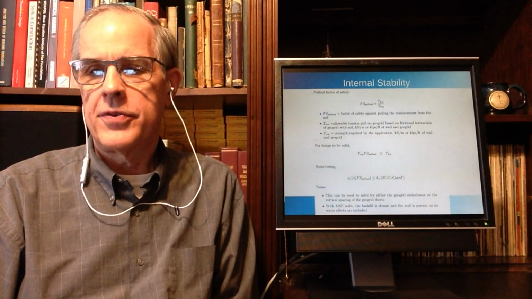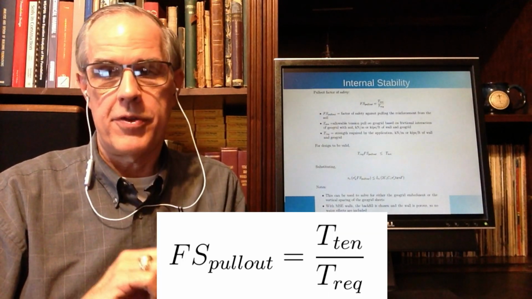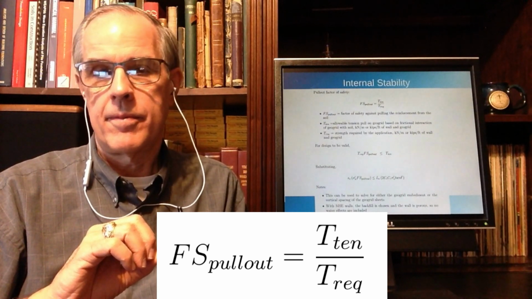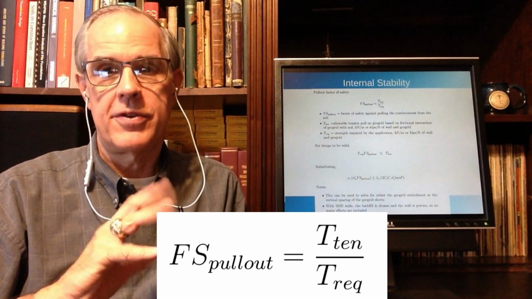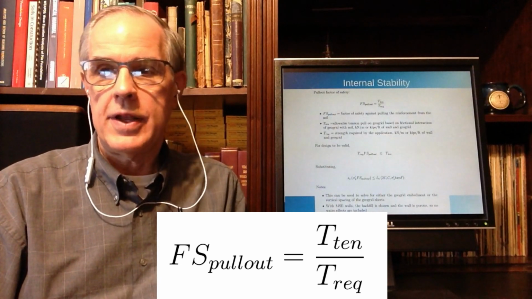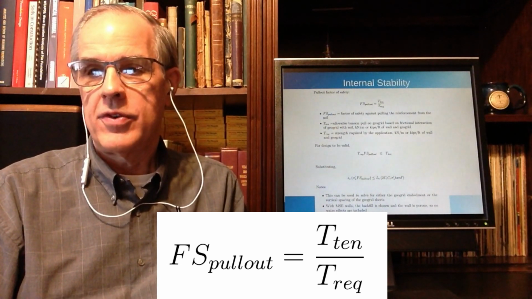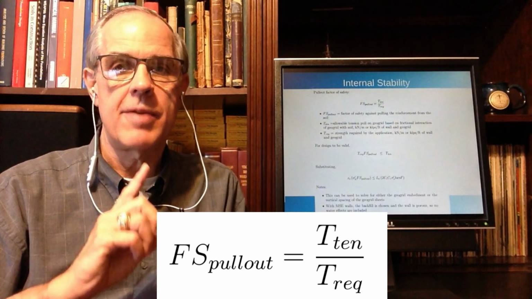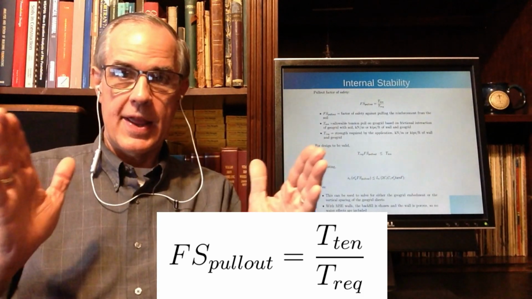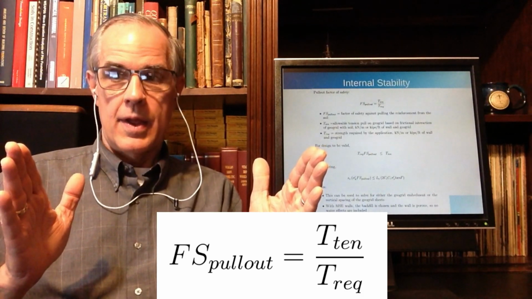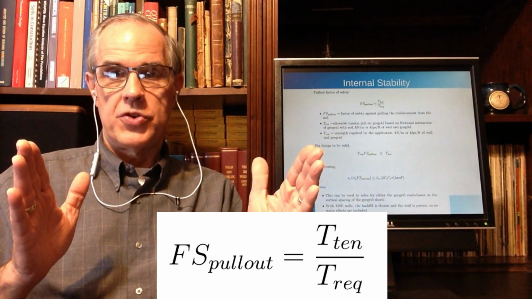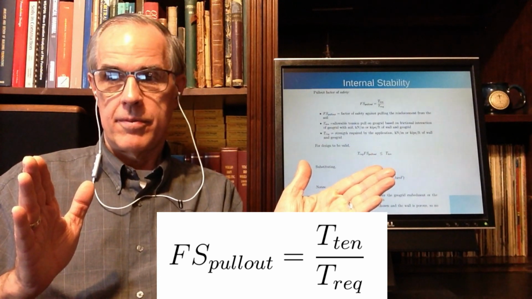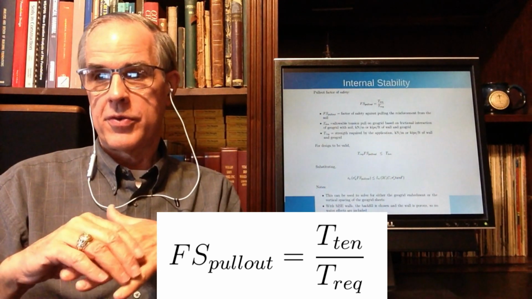The pullout factor of safety, and we're talking about just pullout at this point. We're not talking about the mechanical, we'll get to the mechanical in just a second. We're talking about the pullout factor of safety equal to the T allowable, which is the allowable pull based upon the frictional action, not the mechanical. In other words, make an LE long enough to generate enough friction to resist the pullout on the other end, over the TREQ, which is the strength required by the application.